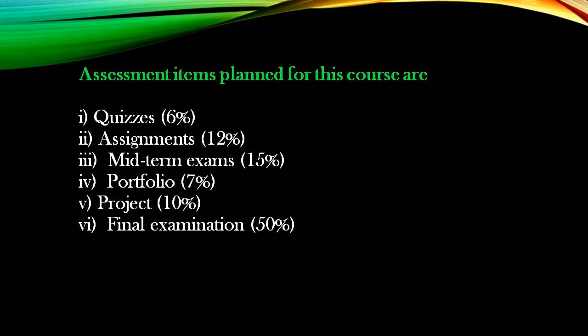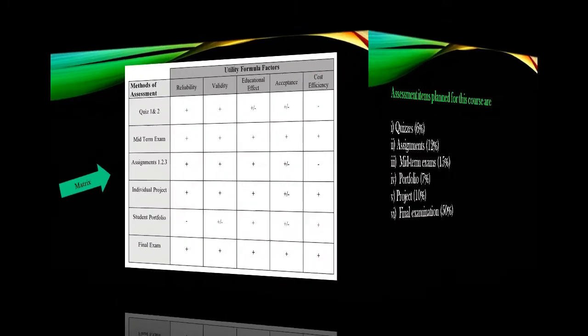Assessment items planned for this course are quizzes, which cover 6% of the total assessment, assignments 12%, midterm exams 15%, portfolio 7%, project 10%, and the final examination covers 50%.